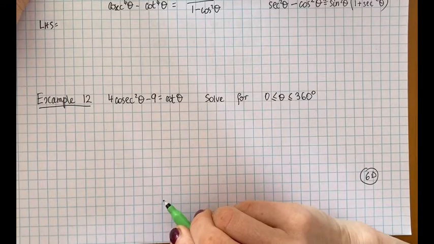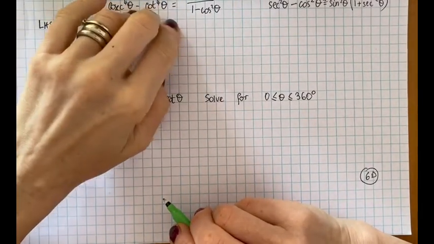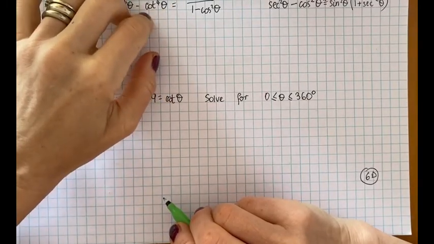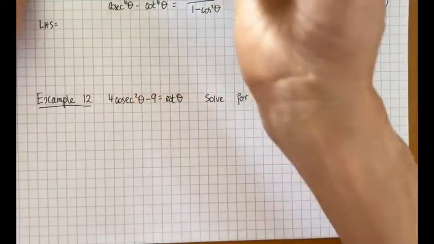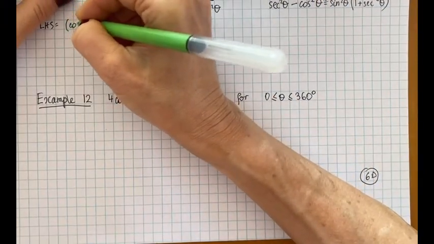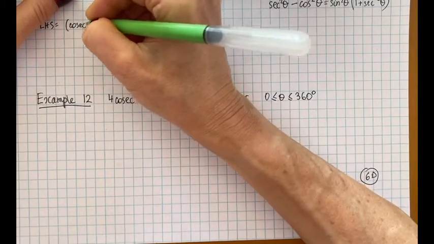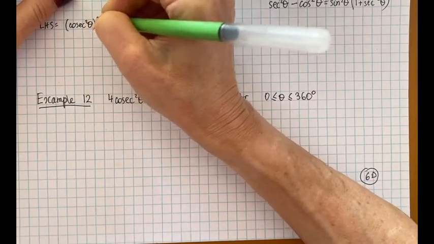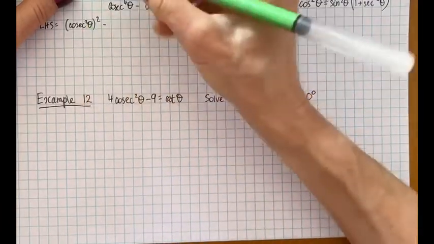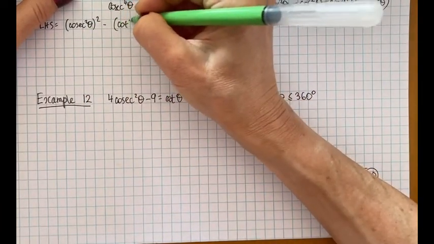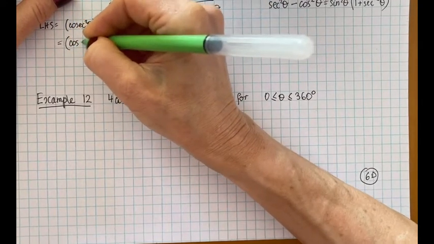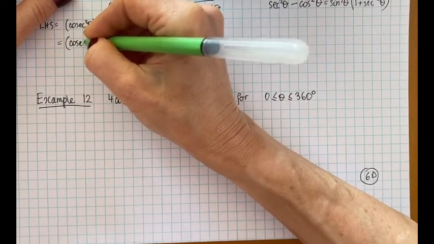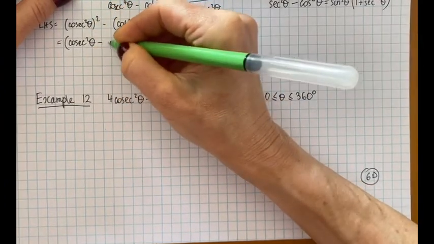If you've got two trig functions with a difference of whether to the power 4 or any even power, could be to the power 6 or to the power of 8, that tells me that you are dealing with the difference of two squares. So you can think of it as cosec squared squared minus cot squared squared. And then you can pop these into two brackets. So we are factorizing these.